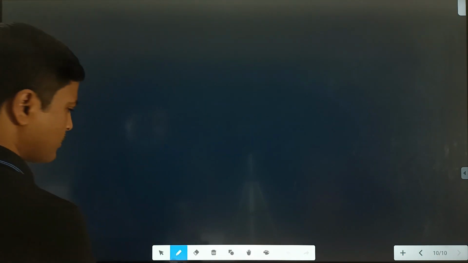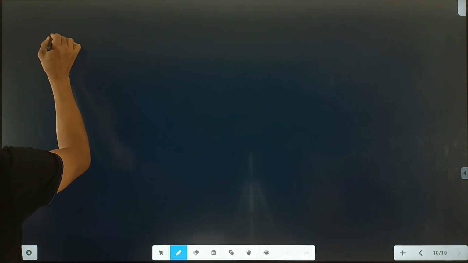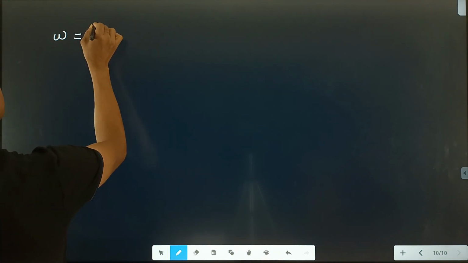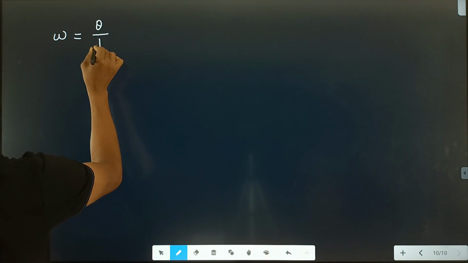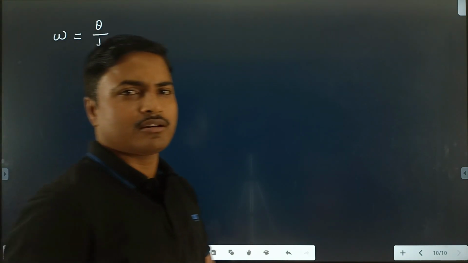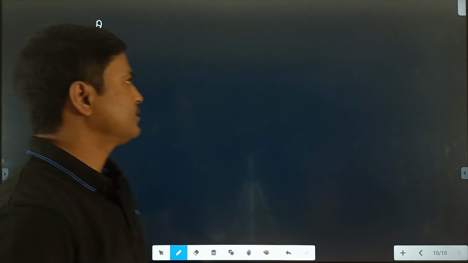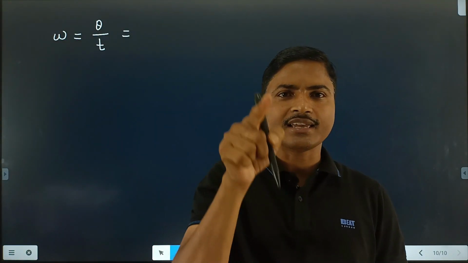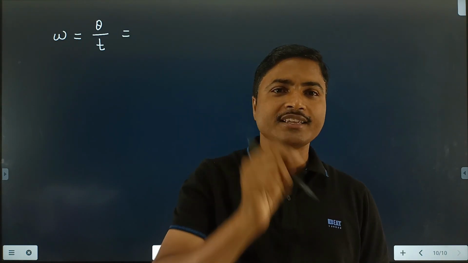And we know the equation of angular velocity or angular frequency. Suppose omega is equal to angular velocity, you know its formula is theta by t. Theta is the angular displacement, and for one complete cycle, the angular displacement is twice pi.